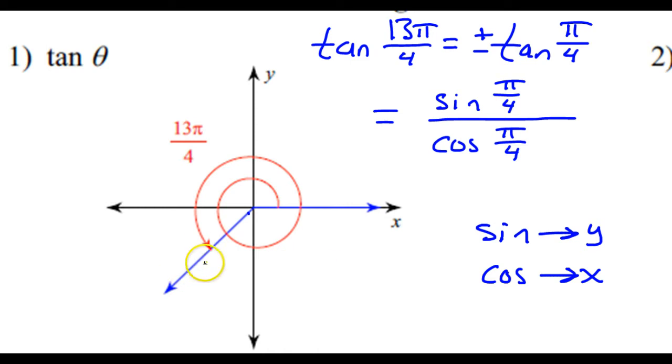So in this quadrant, the x's are negative because we're on the left, and the y's are also negative because we're down low. So we have a negative sine and a negative cosine. Okay, so let's put a negative sign here and a negative sign there.